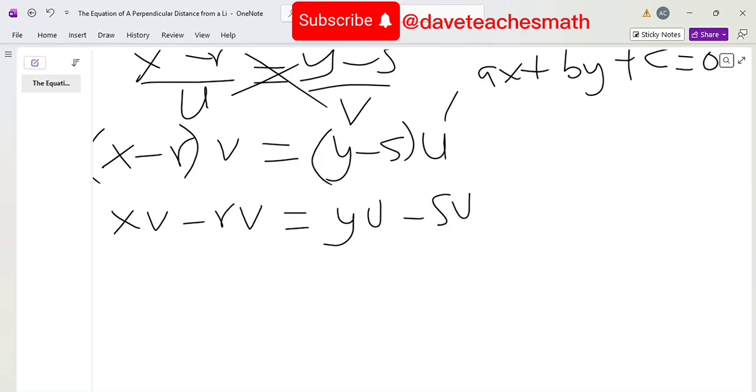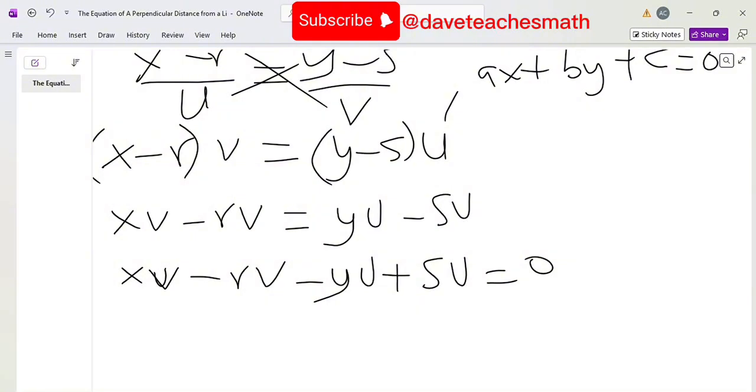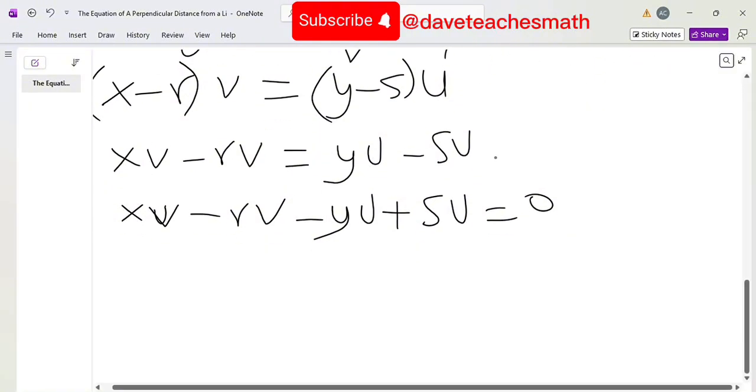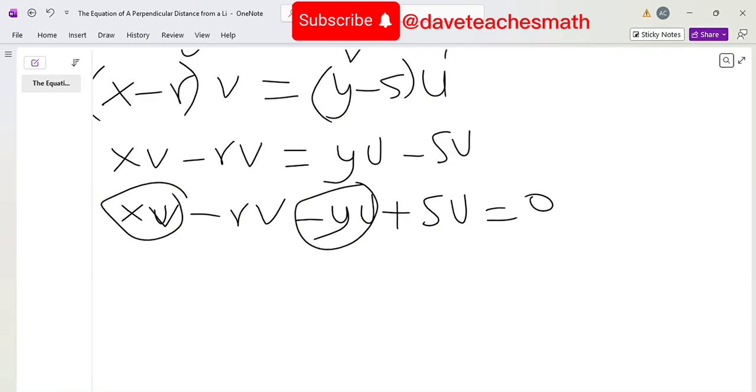So now let's bring it to the left hand side. So we are going to have xv - rv - yu + su, which is equal to 0. Okay, so now we can see our x here, we can see our y here.